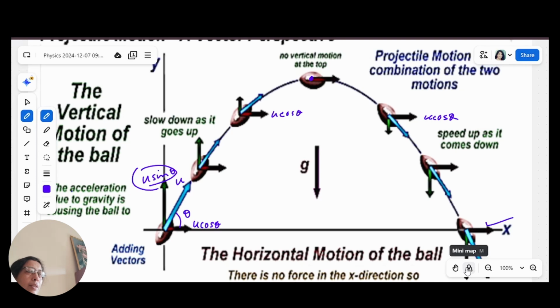So while gravity messes with the vertical part of the motion, the horizontal part stays steady, making projectile motion a beautiful mix of uniform and accelerated motion.